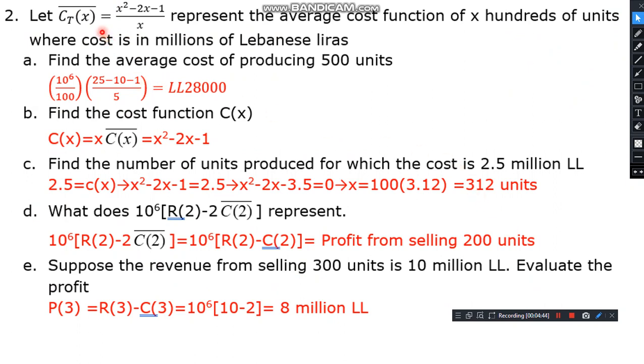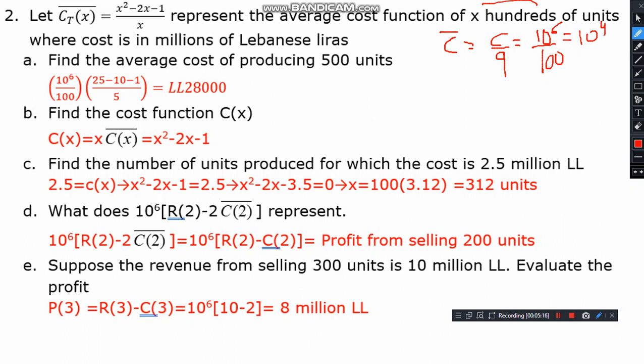Another problem you have here: it's given the average cost from beginning of X100, where the cost is in millions. Since the cost is in million, the average cost is the average of cost over Q. The unit of cost is in million, and that of X is in hundreds, so the average cost unit will be 10 power 4.